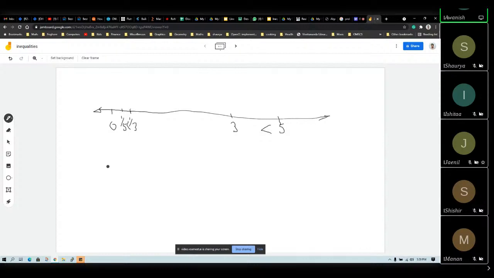Right? In case of negative numbers, 0 is somewhere here and minus 3 is here, minus 5 is here. When it came here, minus 1 by 3 and minus 1 by 5.